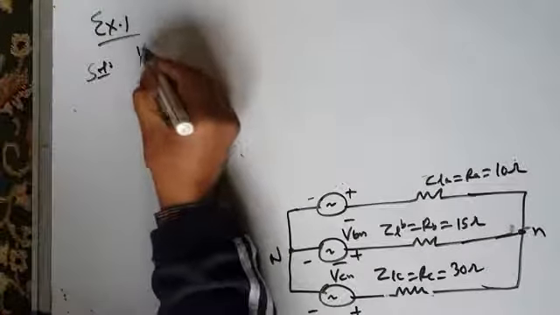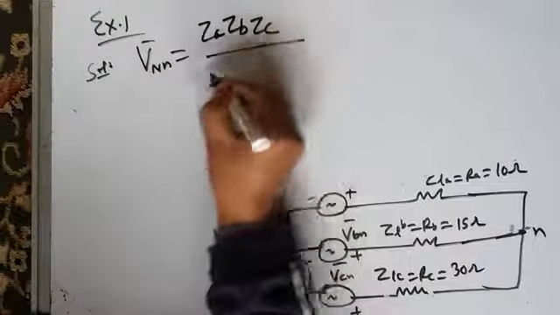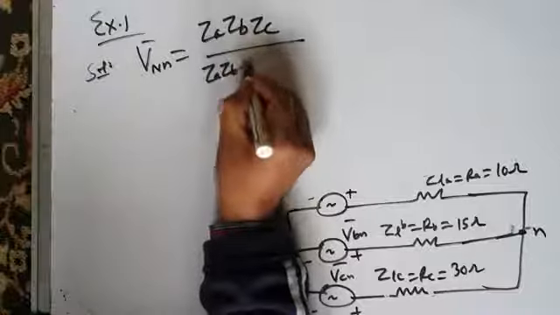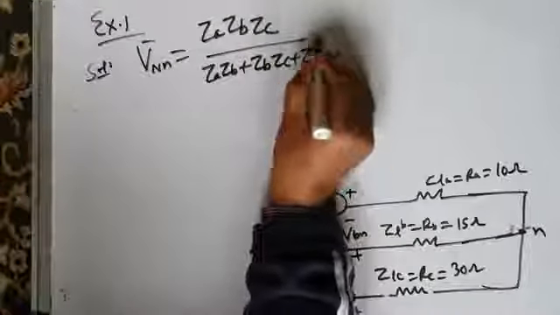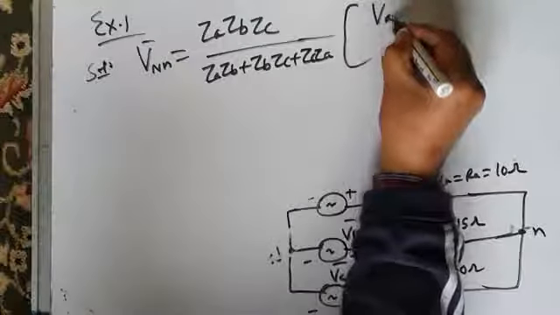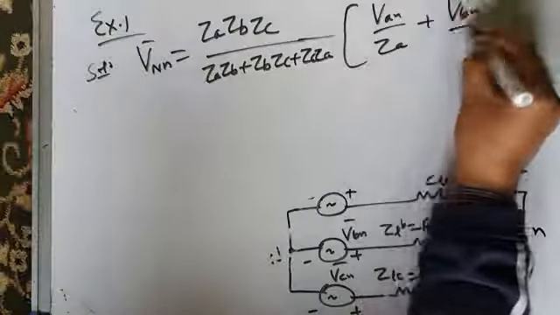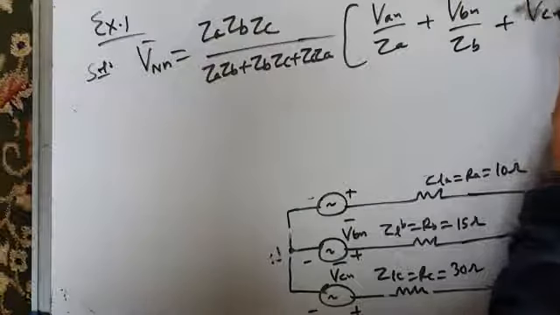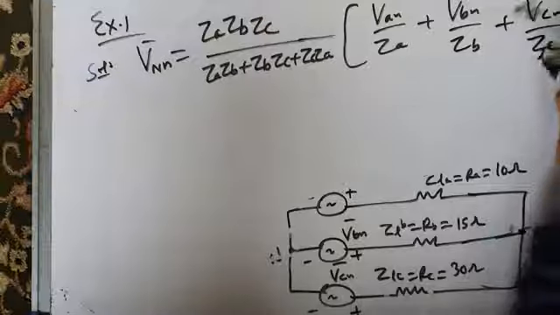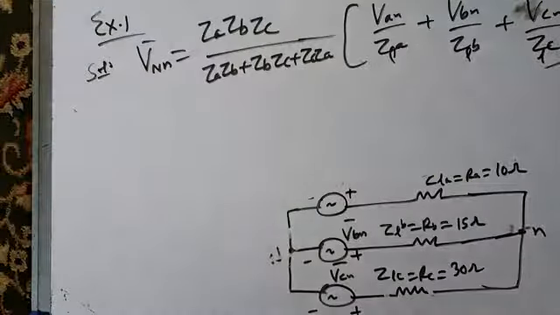Neutral to neutral voltage is ZA ZB ZC divided by ZA ZB plus ZB ZC plus ZC ZA, into VAN by ZA plus VBN by ZB plus VCN by ZC. In fact, it is ZLA, ZLB and ZLC, or you can simply call them ZA, ZB, ZC.